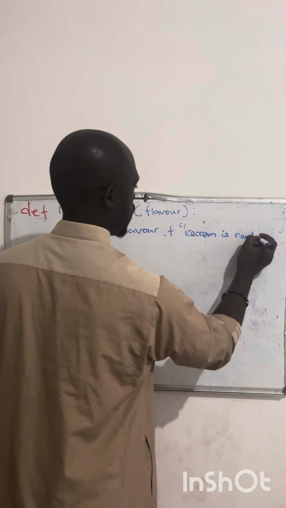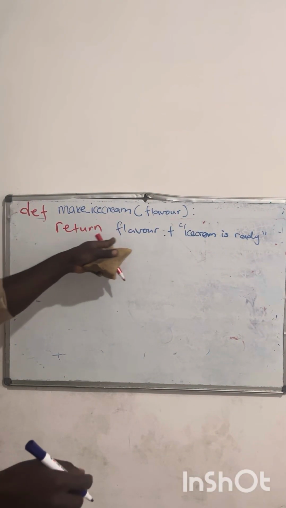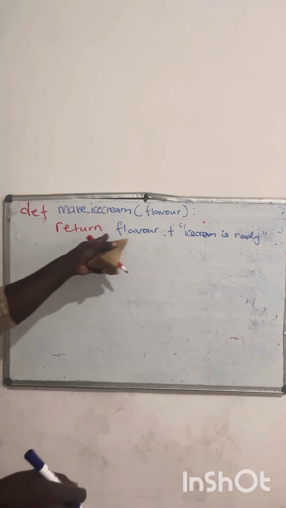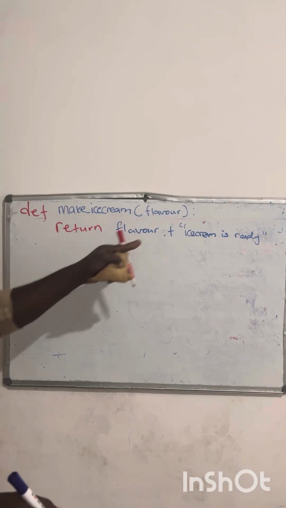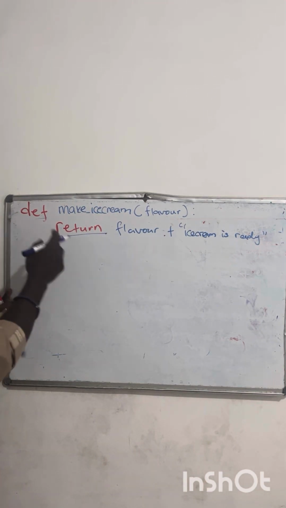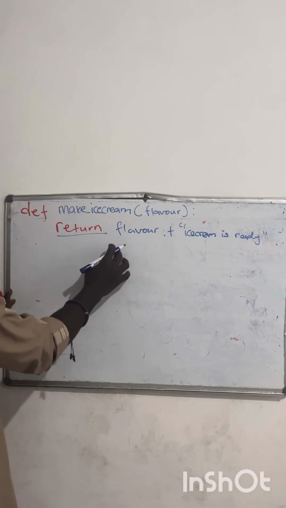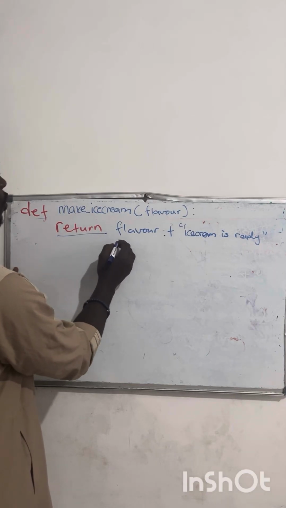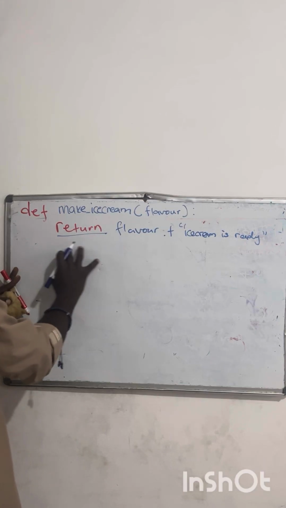Okay, and so if we use the return, there's a difference between a return and print. Remember, previously we have used print, and this time we are using return. When we use return, it will return a value, and this value can be stored in memory, and it can be used later on. But the print will only print on the screen.